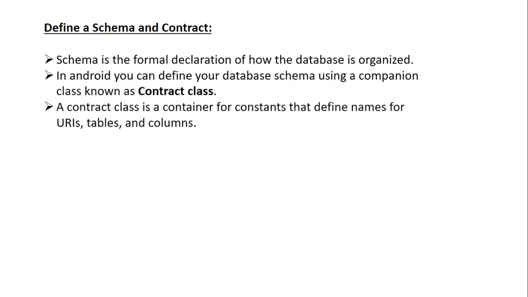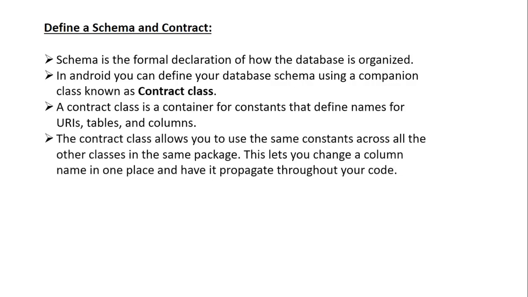A contract class is a container for constants that define names for URIs, tables and columns. The contract class allows you to use the same constants across all the other classes in the same package. This lets you change a column name in one place and have it propagate throughout your code.